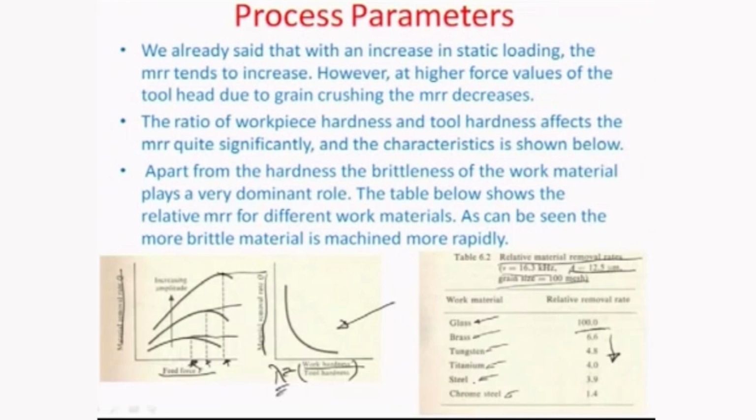Of course, the hardness and the brittleness of the work material both play a very dominant role in this process, and therefore particularly in MEMS or microsystems applications, when we talk about silicon micromachining or glass micromachining, they are very brittle in nature.